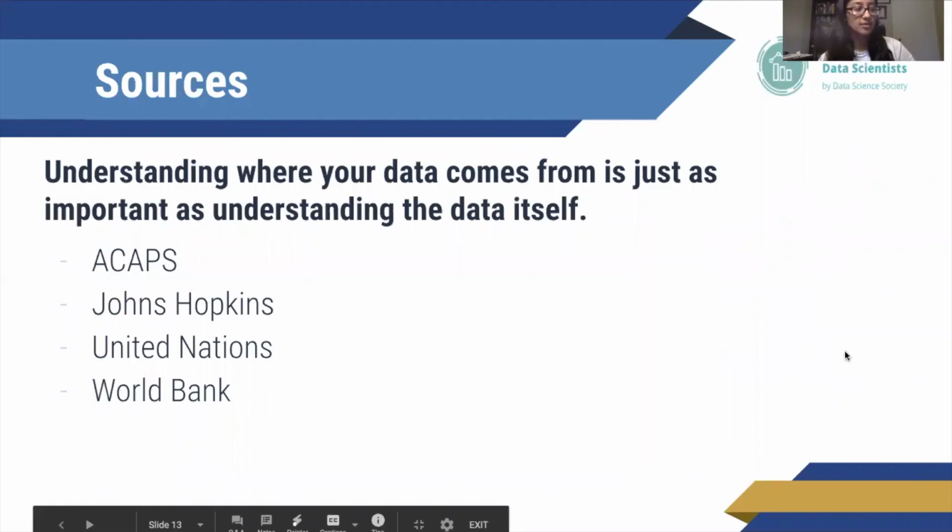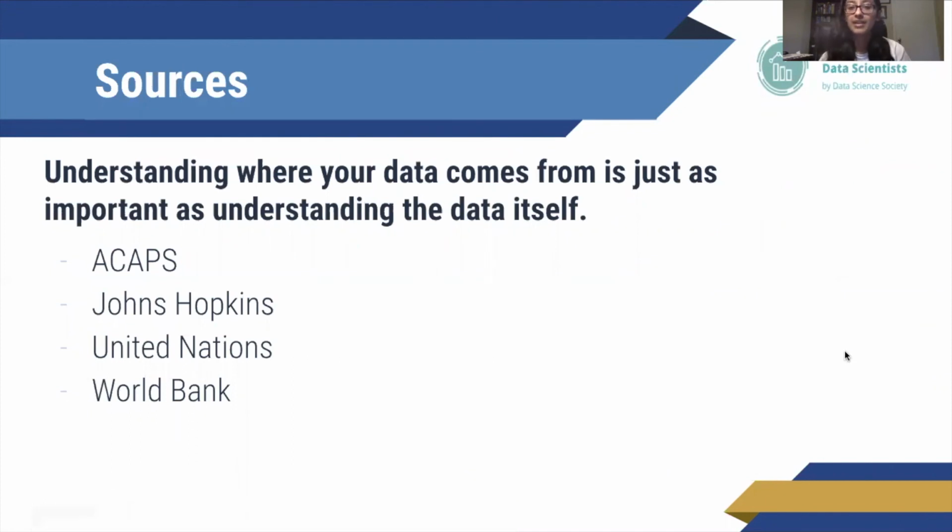Now I'll briefly talk about the sources where we got our data. Understanding where our data comes from is just as important as understanding the data itself. So where we got data set one was ACAPS, which is a nonprofit, non-governmental organization that provides a lot of humanitarian data and analysis. They pride themselves on being independent of any government organization like the United Nations or the World Bank.